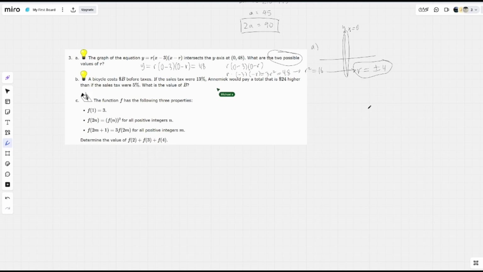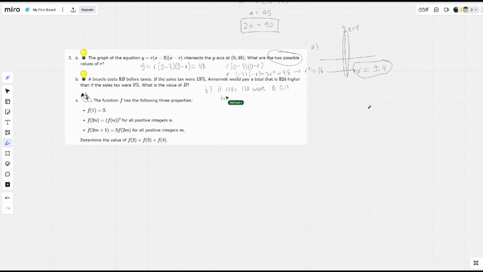The value is B. So we know that if the sales tax was 13%, that's 24 more than if the sales tax was 5%. So if the sales tax was 13%, it would cost 13% more. So that is B times 13%, which is 0.13.